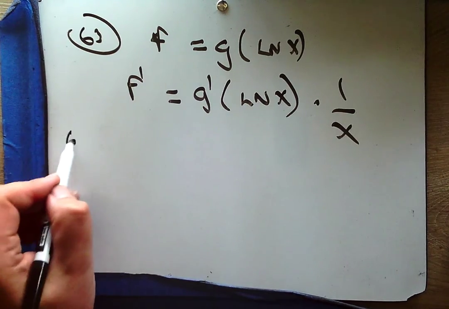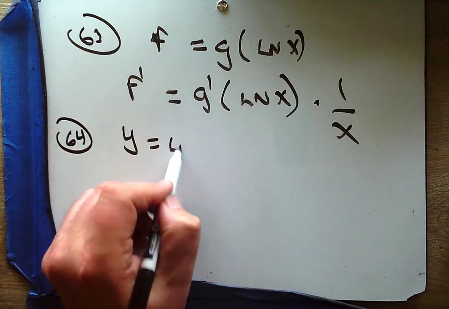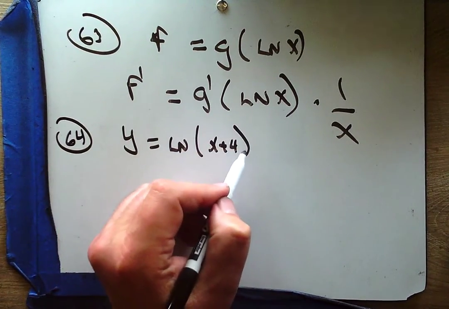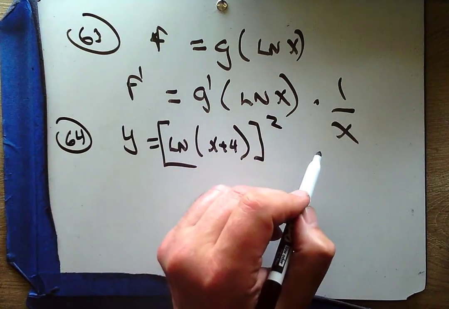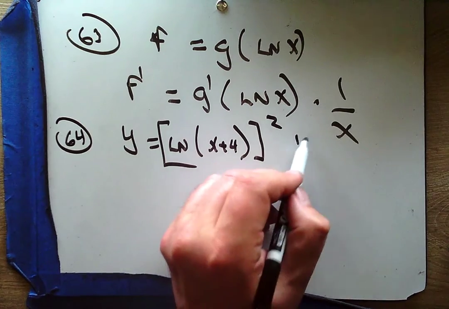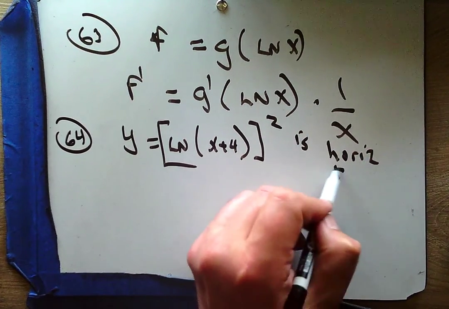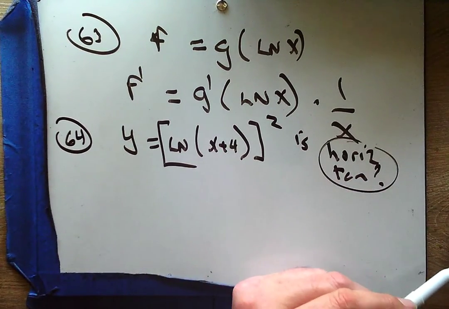Okay, 64. At what point on the curve y equals (ln(x plus 4)) squared is the tangent horizontal? Well, I know a horizontal tangent has a slope of 0.